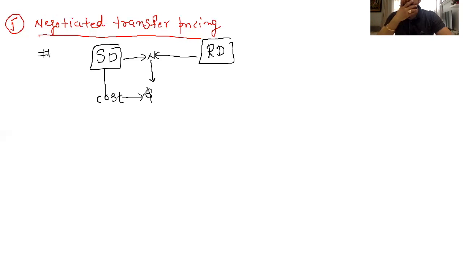But in this case, negotiated transfer pricing, receiving division is going to interfere in the price that the supplying division is charging. So as a result, if price changes, the markup will change.